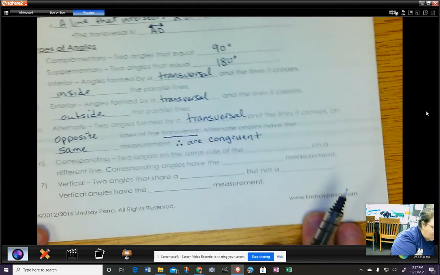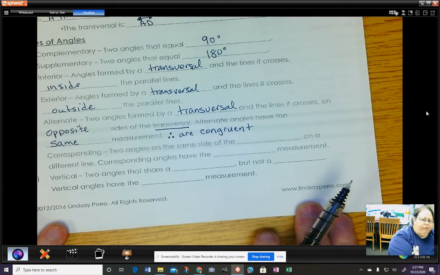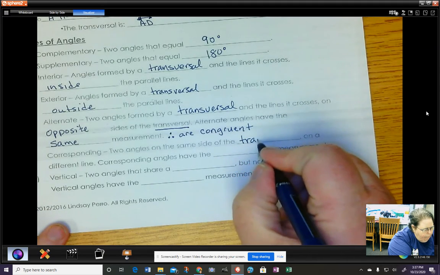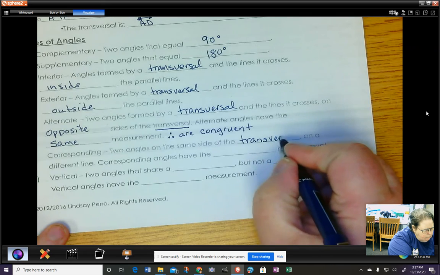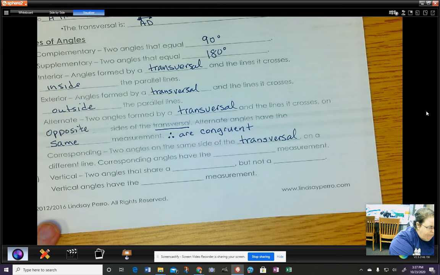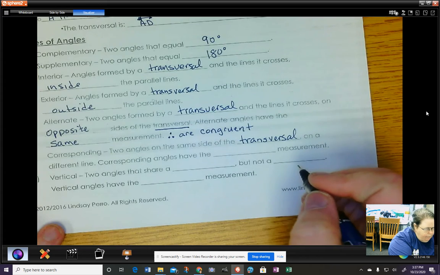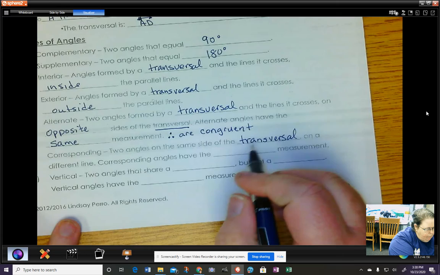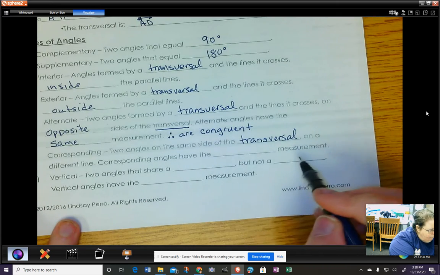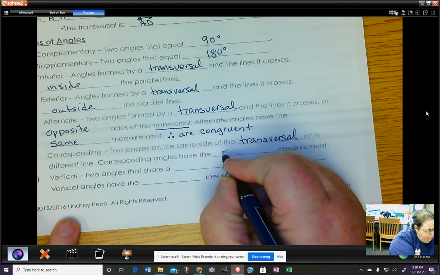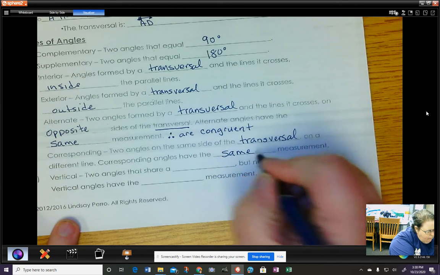Corresponding. Two angles on the same side of the transversal on a different line. Corresponding angles have the same measurement.